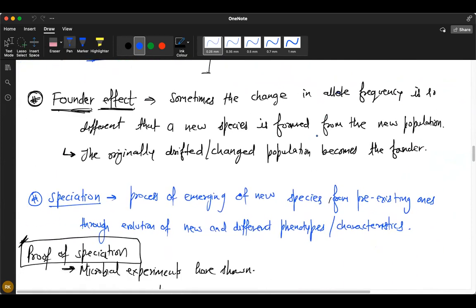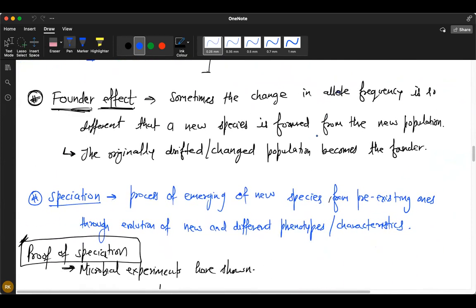Sometimes the change in the allele frequency is so different that the two populations change so much from each other that they become two different species. So new species are formed from the pre-existing species by changes in their alleles, in their genes.